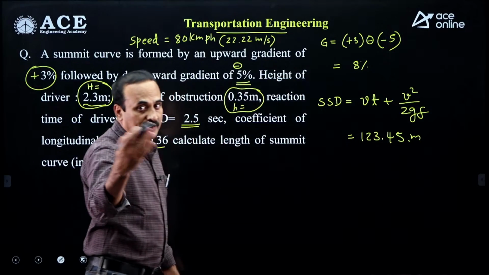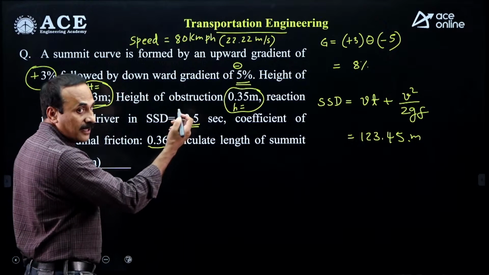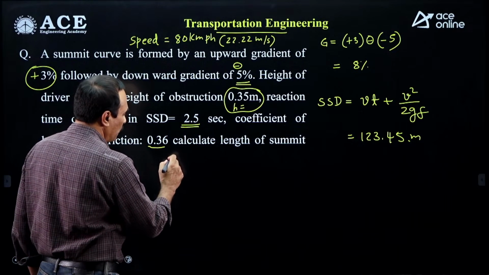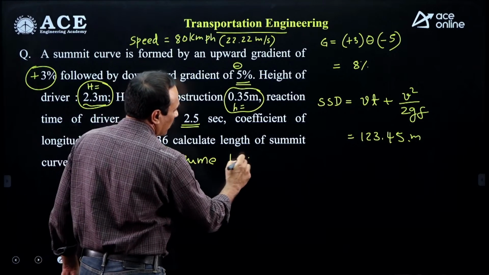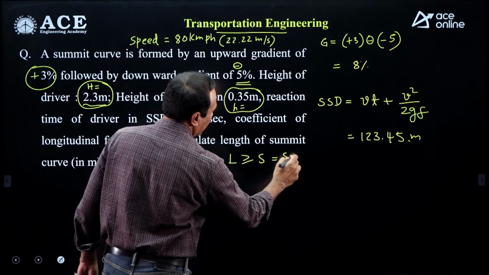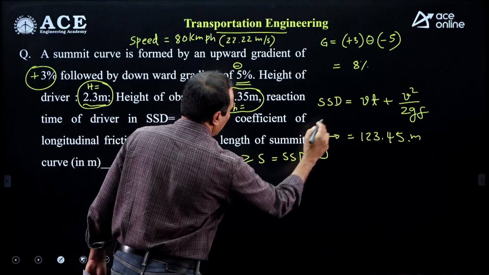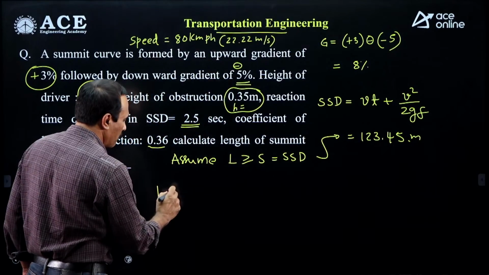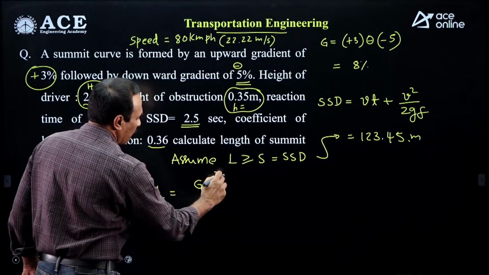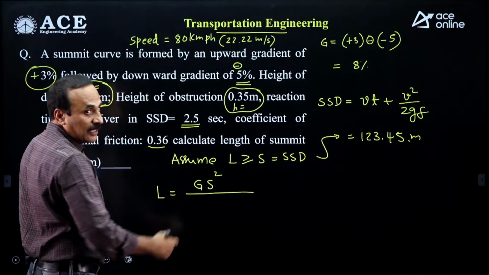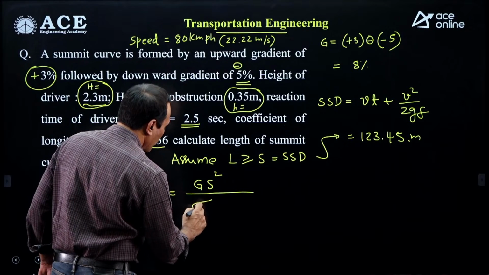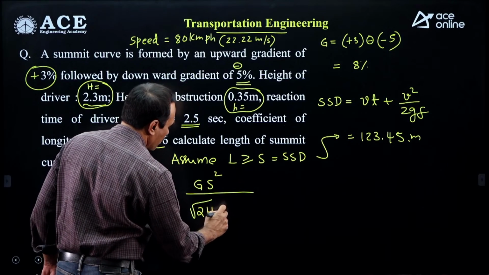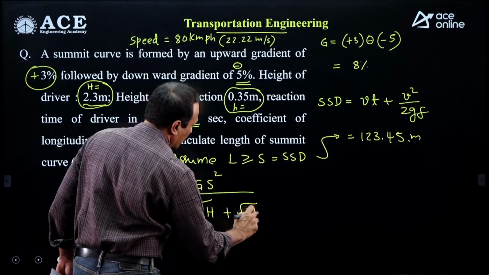So length of summit curve based upon the stopping sight distance, we need to initially assume L more than or equal to S, where S is equal to SSD, and this is the value. For that you must remember the formula. It is a formula based question. L equals the deflection angle into sight distance square by root 2 capital H plus root 2 small h whole square.